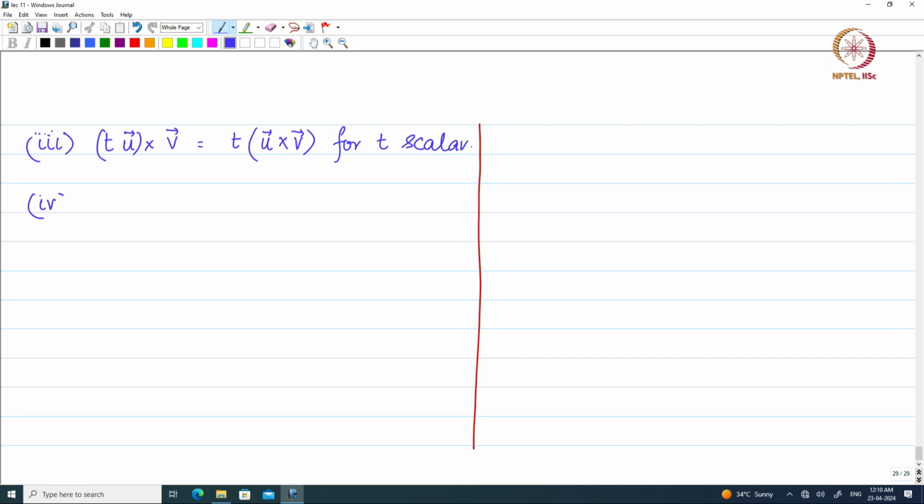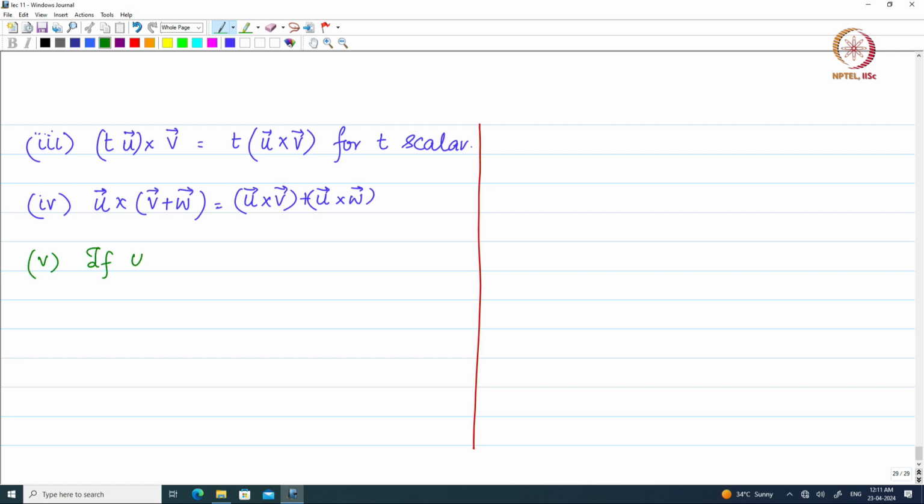And we also have u cross v plus w, which is given by u cross v plus u cross w. And the most important property of all comes here, the fifth one.